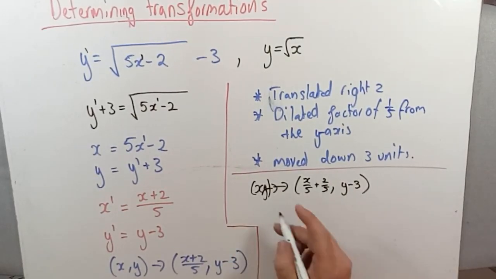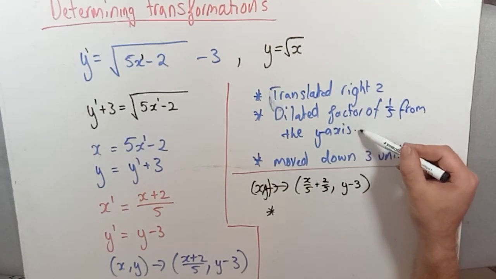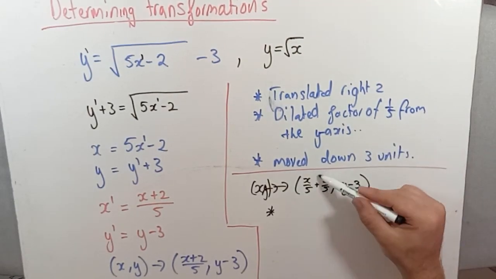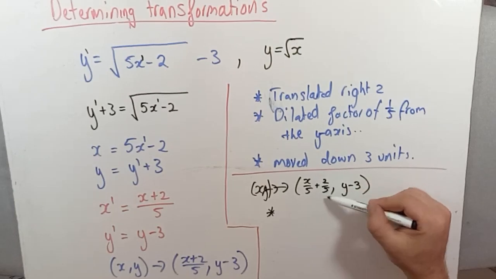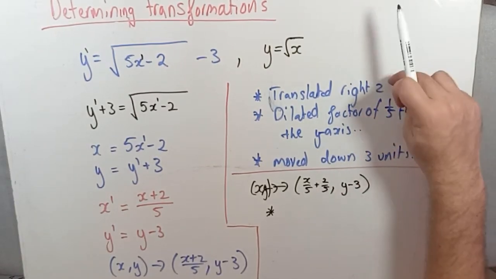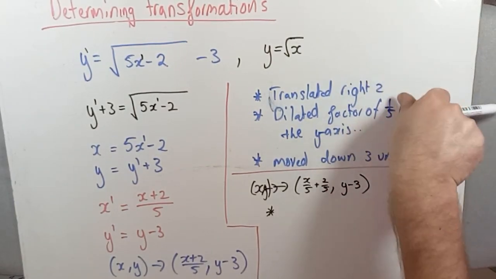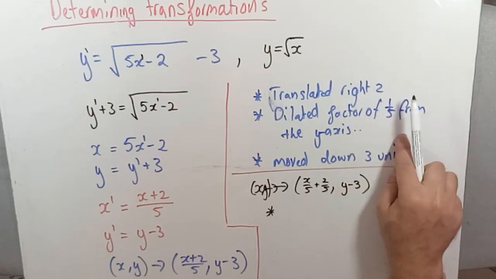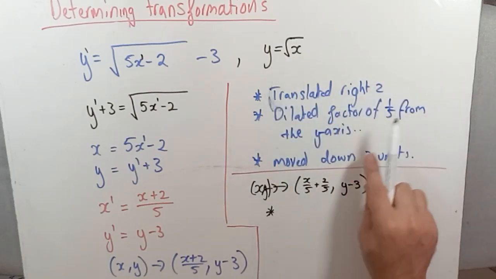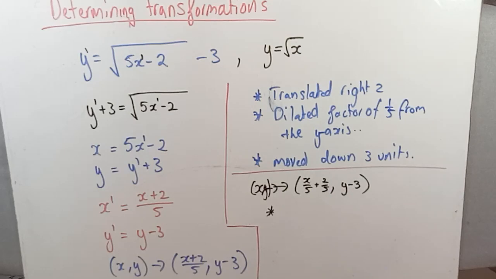Now, if I wrote it like that, then I could have done this dilation first and then moved right 2/5. So if I swap those two around, it would have been dilated by a factor of 1/5, then move right 2/5, and then move down 3, and that would have been the same. Okay, I won't write it out, but you get the idea.